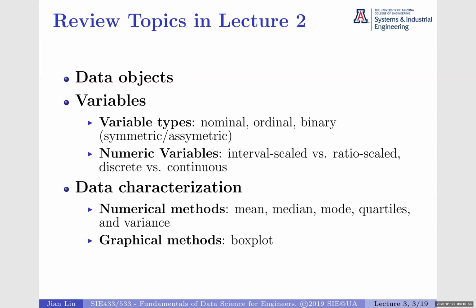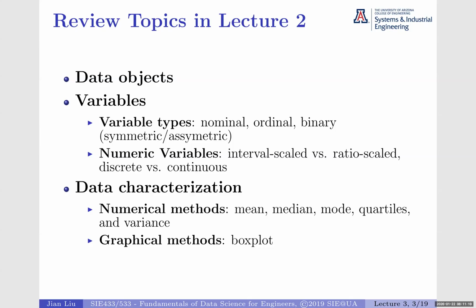In order to describe or model data objects, we use a variable. For example, a data object can be a student or a bank customer. We use different variables to describe its features, for example, the gender, age, major for students, right? So on and so forth.